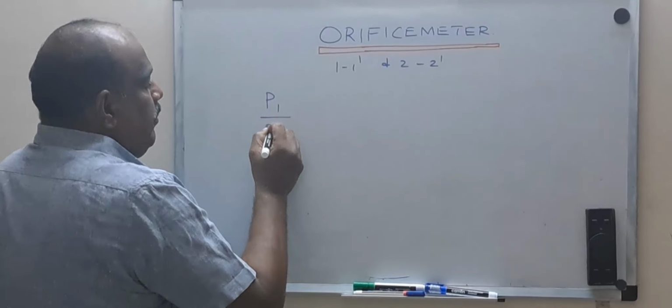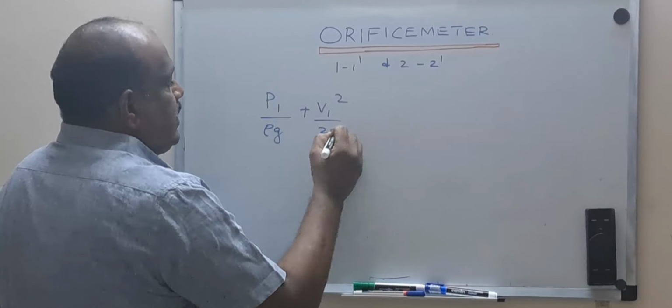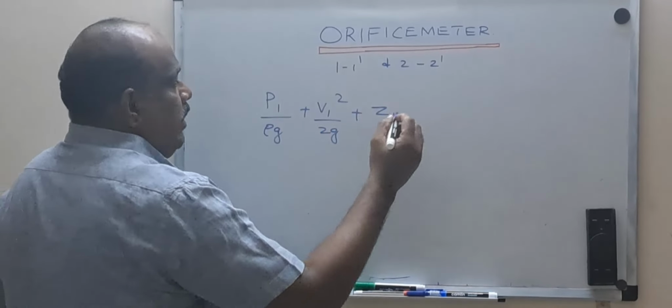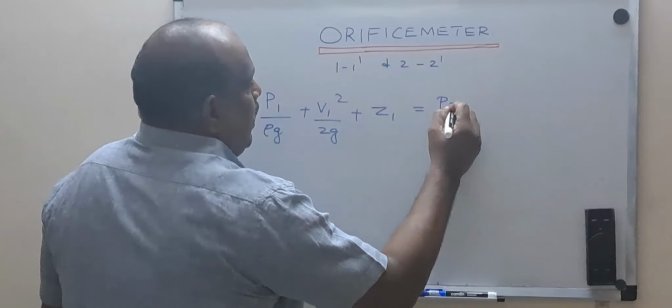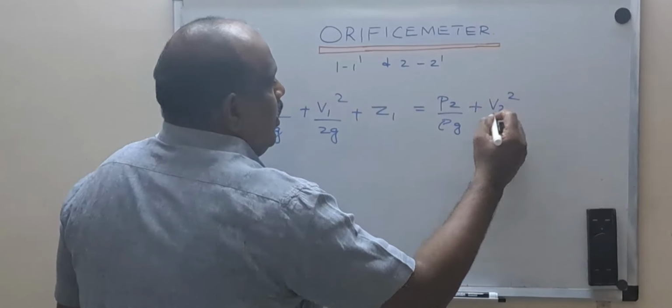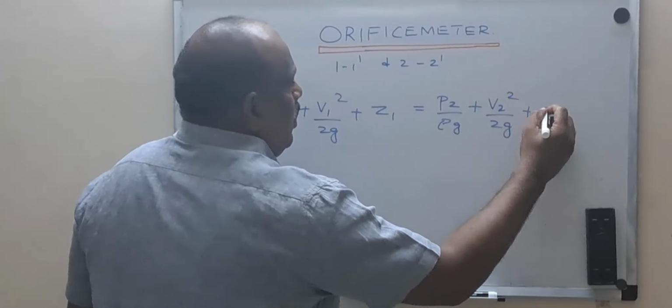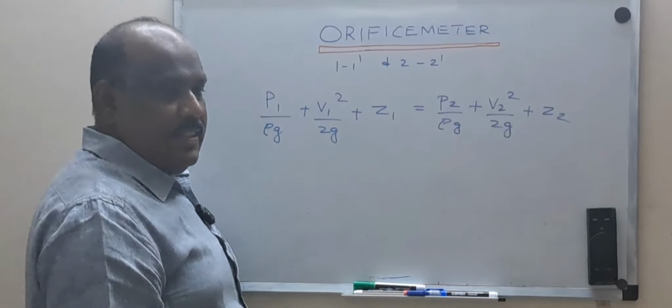P1 by rho g plus V1 squared by 2g plus Z1 is equal to, what can you tell me the right hand side? P2 by rho g, very good, plus V2 squared by 2g plus Z2. What does this equation say?